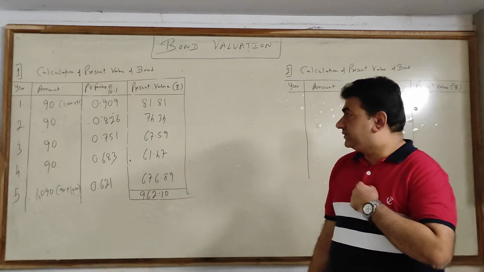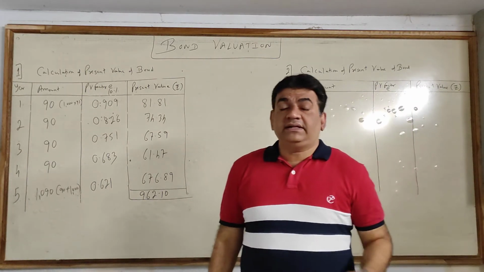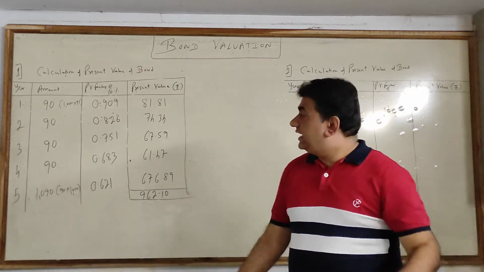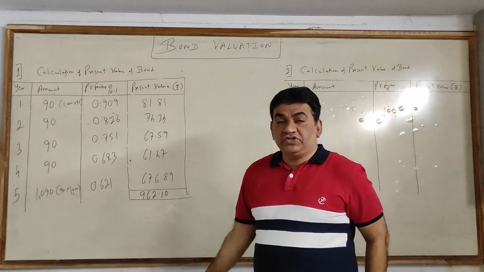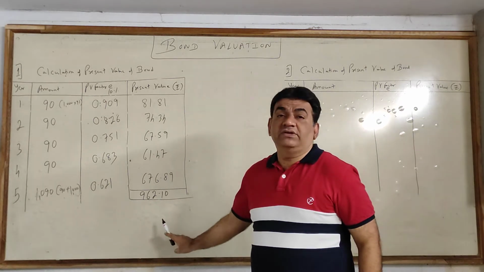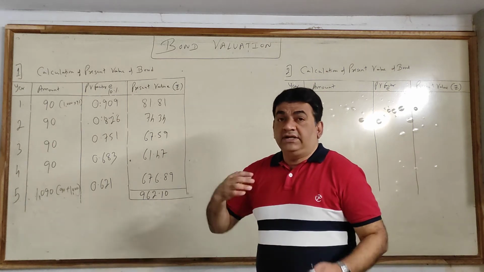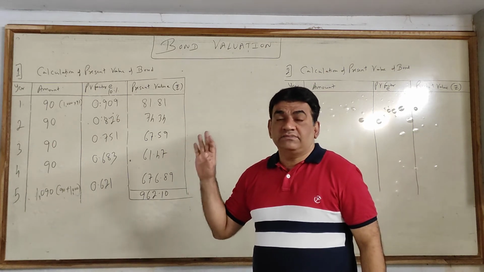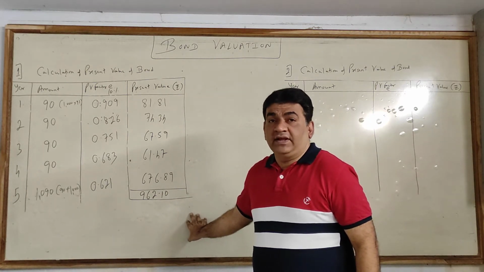Okay? So now see, this bond, which is available at 1000 par value, and every year you will get 90 rupees interest, along with par value at maturity. Today its present value is 962.10. That means if I want to buy this bond today, the fair value is 962.10.